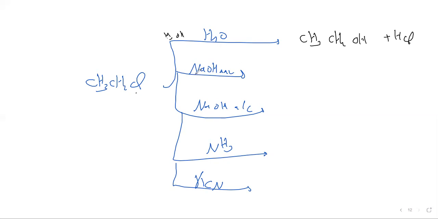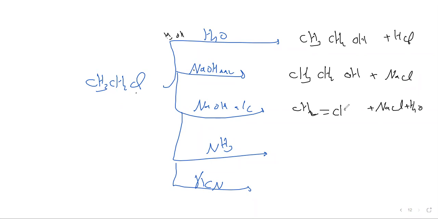In case of NaOH aqueous, Na will take Cl to be NaCl and also the same CH3CH2OH. In case of alcoholic, Na will take Cl to form NaCl, and OH will take another H to form water, and then alkene CH2=CH2.